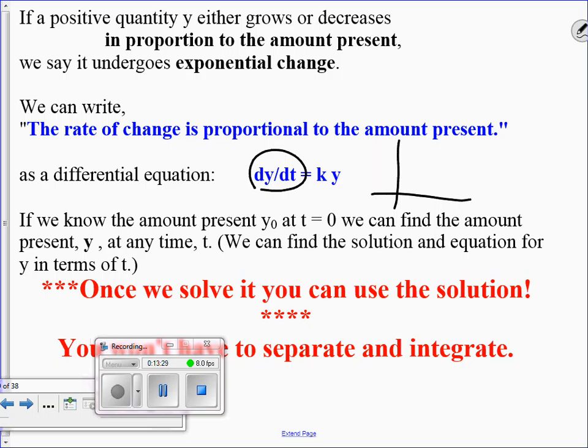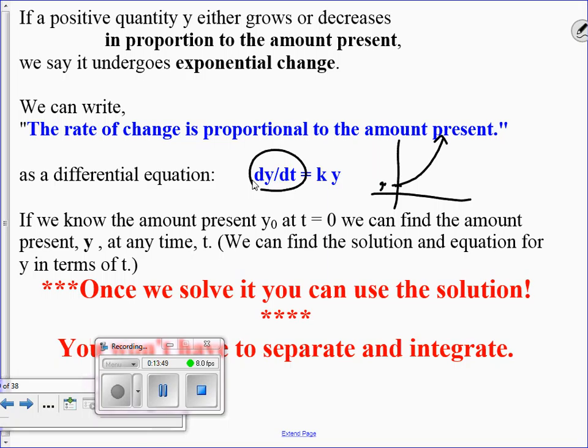You can see that your graph is going to start shooting up. It's going to look like this. You start out at some initial amount, and the slope is going to get steeper and steeper. If the slope is always like 1% of the y value, it's going to get steeper and steeper.